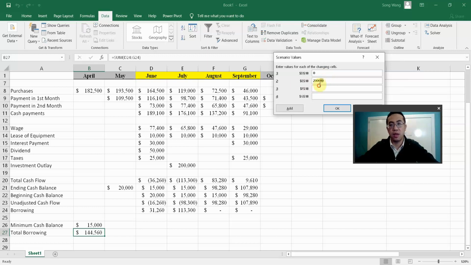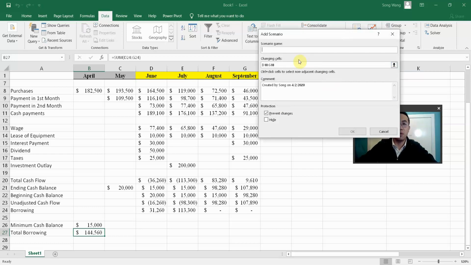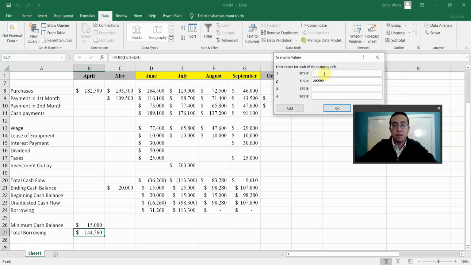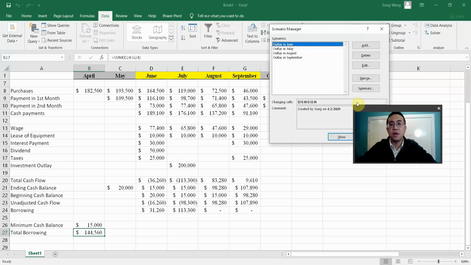This will be moved down. Cut, paste. 0, 0. Then add another one. Outlay in September. So it's 0, 0, 0, 200,000, and okay.